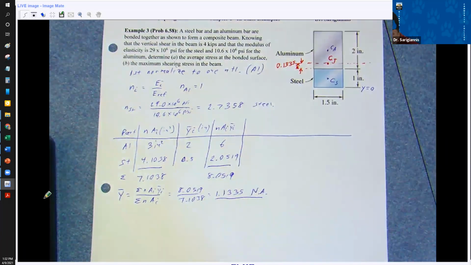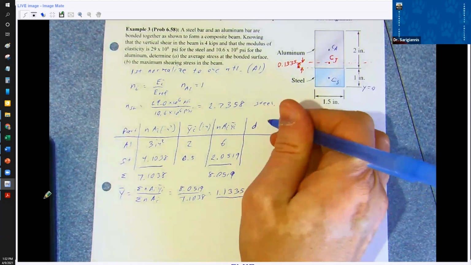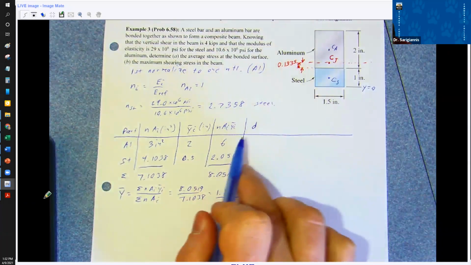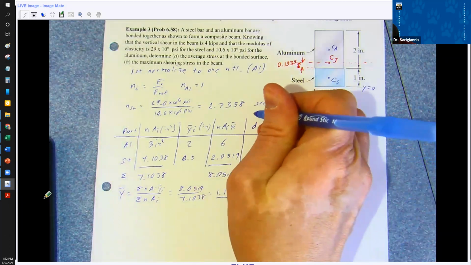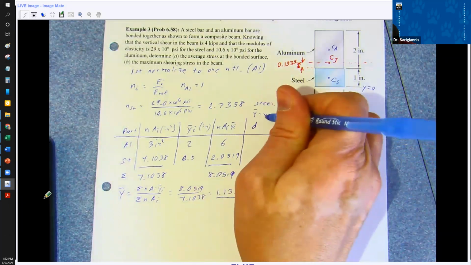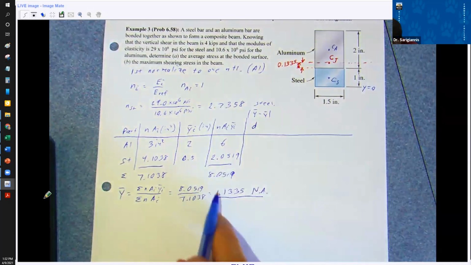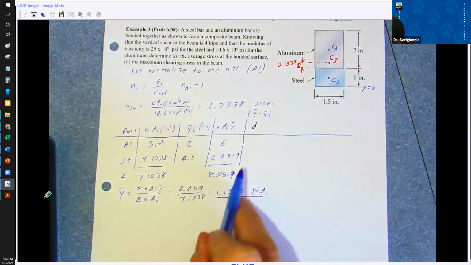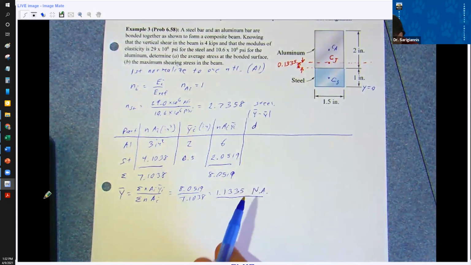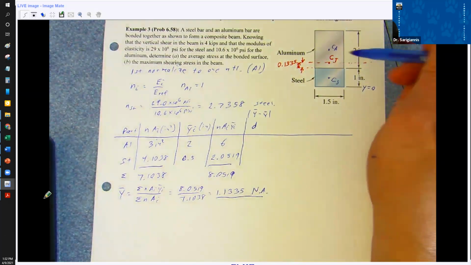Now we want to figure out the moment of inertia for this thing. We've got to find our D value. If we remember, D is the difference between Y bar minus little y bar, so the absolute value of the global centroid minus the local centroid. What do we got?